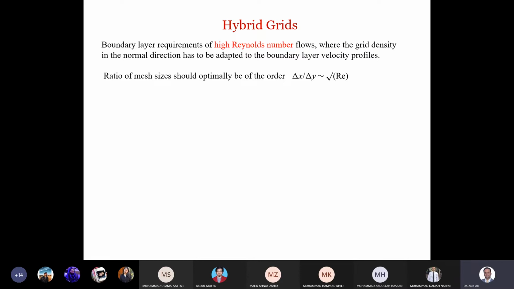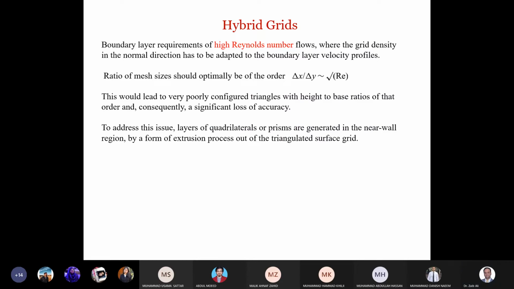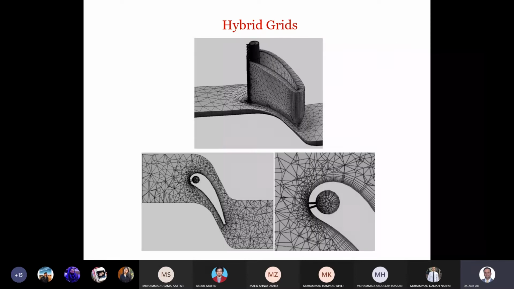And if we create unstructured mesh there, it will result in a loss of accuracy. So near the boundary, what we do is create a structured mesh, and away from this boundary, we create an unstructured mesh. So it's a combination of structured and unstructured. That's what is called a hybrid mesh.